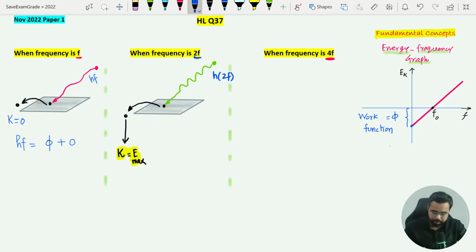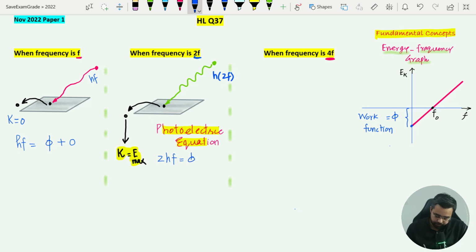So if we apply the photoelectric equation, the incident energy 2hf is equal to the work function, which is constant for this same metal plate and is not going to change, plus the maximum kinetic energy, which is k.